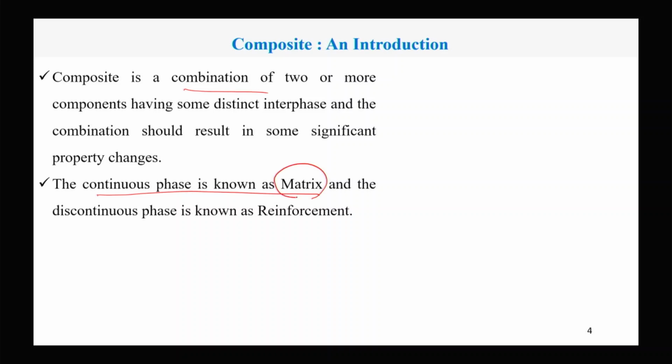Another component is discontinuous phase, which is known as reinforcement. The reinforcement component is basically used to enhance the mechanical characteristics. And continuous phase means within the composite structure, the matrix will have somehow continuity.